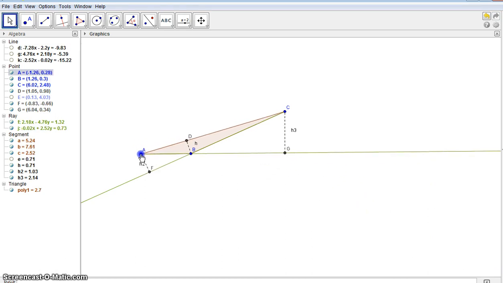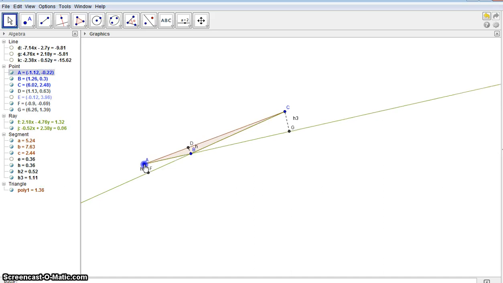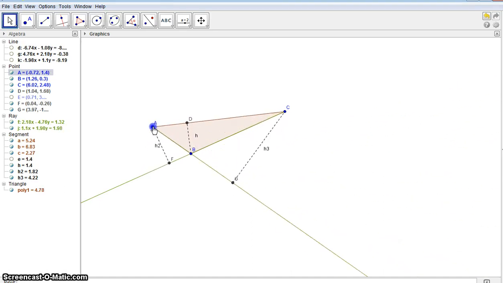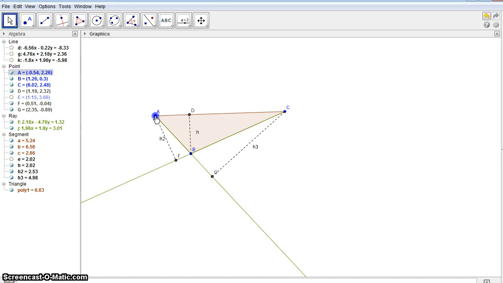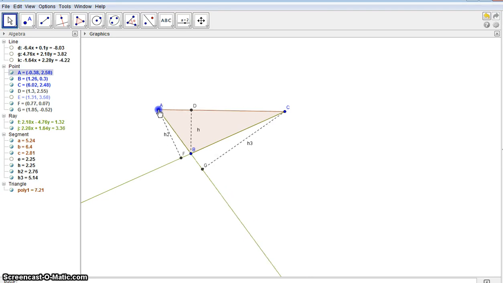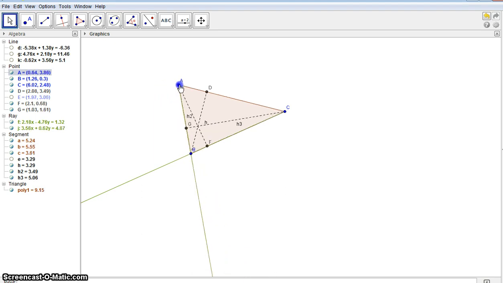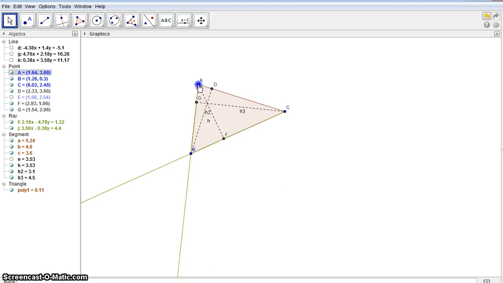And we can change it around to be more obtuse. We can change it around to be less obtuse. Can you see what happens to the heights as soon as I create a right triangle? And what about when I create an acute triangle?